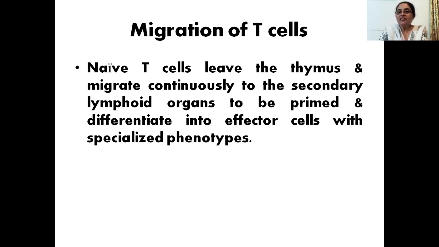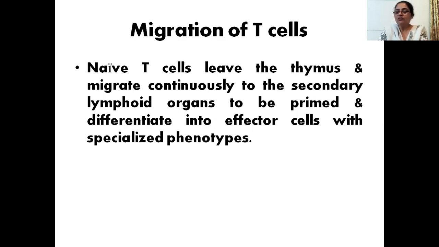So while they are naive, they will be sent to the borders. That means they will leave the thymus and migrate continuously to the secondary lymphoid organs to be primed and differentiate into effector cells. There, if they encounter antigens, they will be primed and then start proliferating.